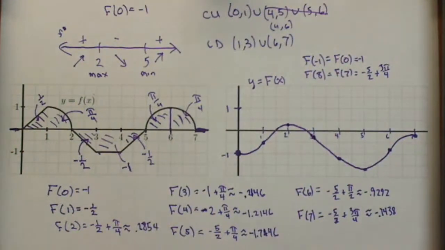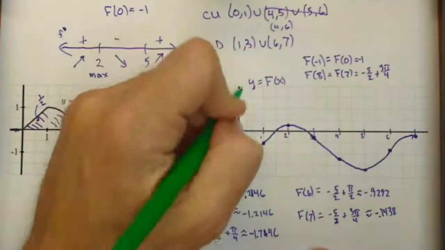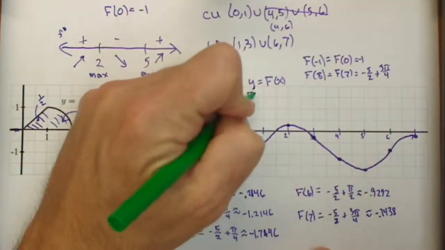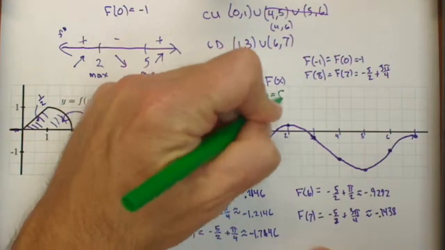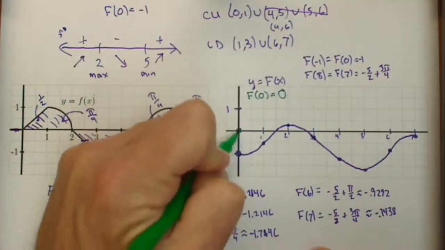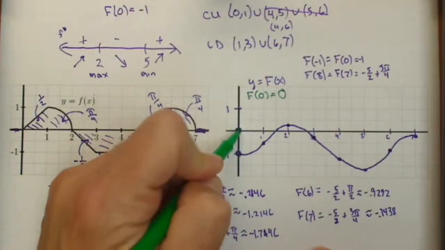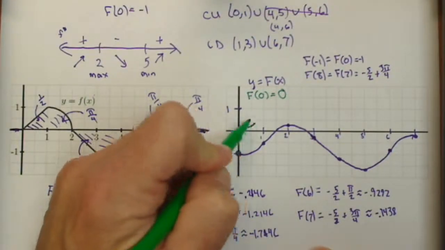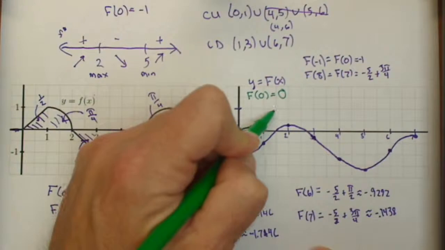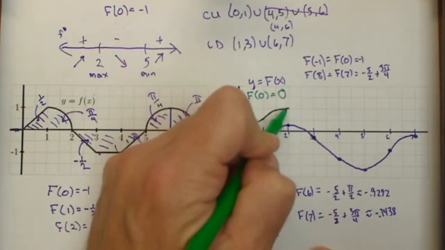Now this was our graph with the initial condition f of 0 equals negative 1. If we wanted to change that, say f of 0 equals 0, that would move this point to here, but all our changes stay the same. So what we would get is almost the same graph, just shifted up 1 unit.